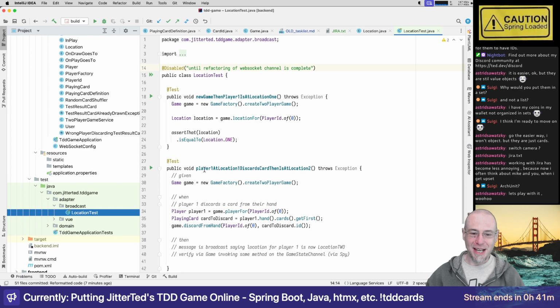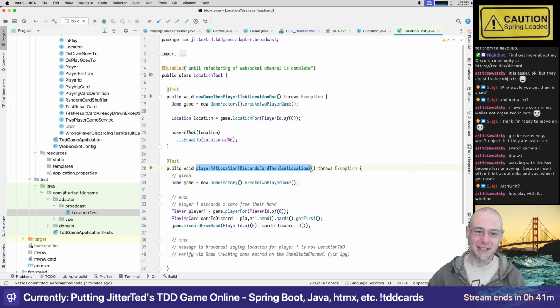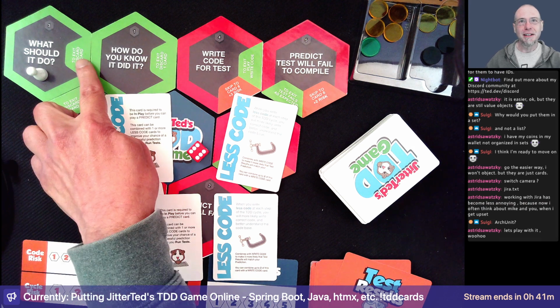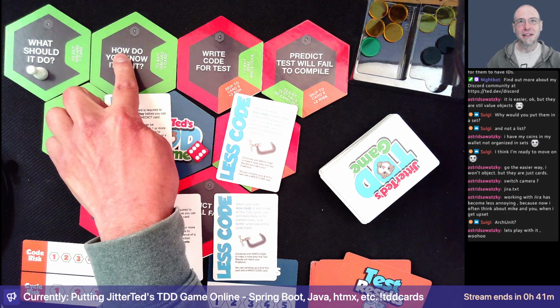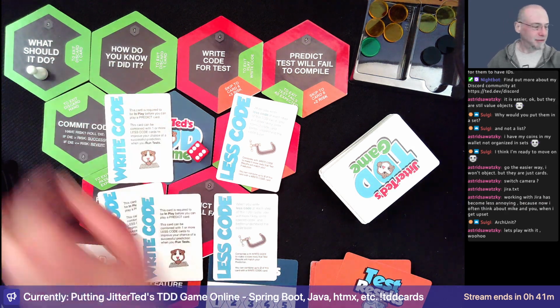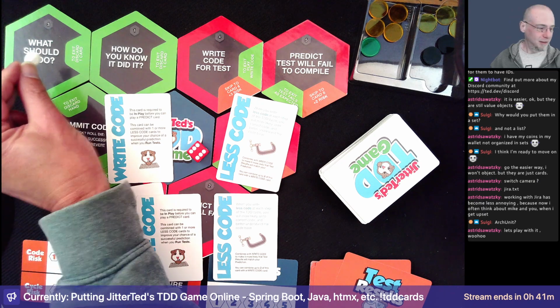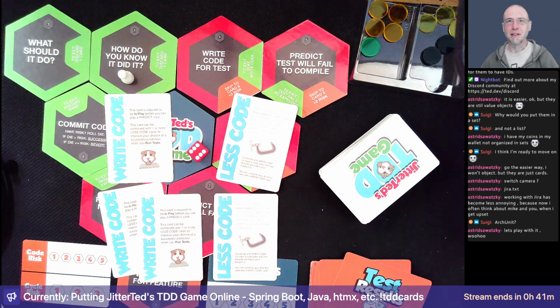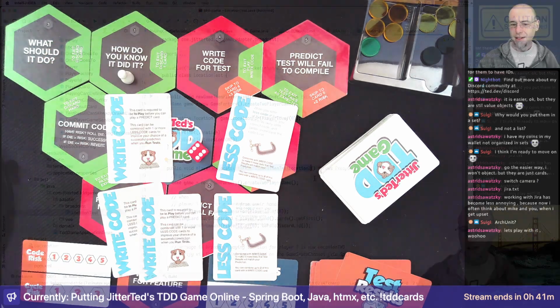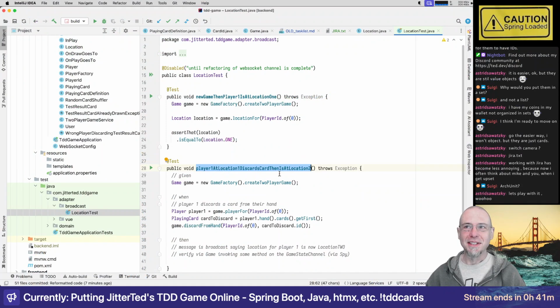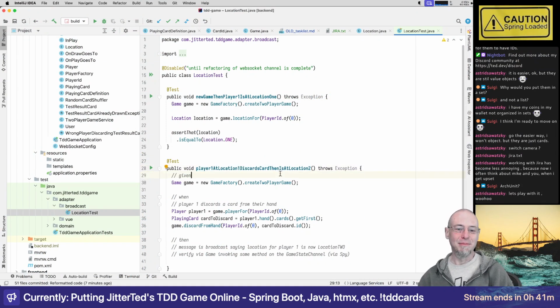This test is perfect for that, because it's basically saying that in the game, to get from here to here, you discard a card. So to get from location 1 to location 2, you have to discard a card. And that's exactly what this test says. So yay past me for writing a good test method name. This is starting to implement the rules of how you move around the board.